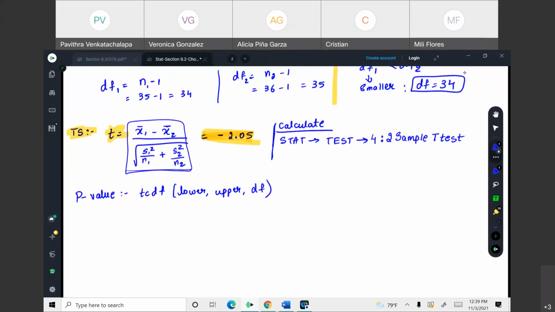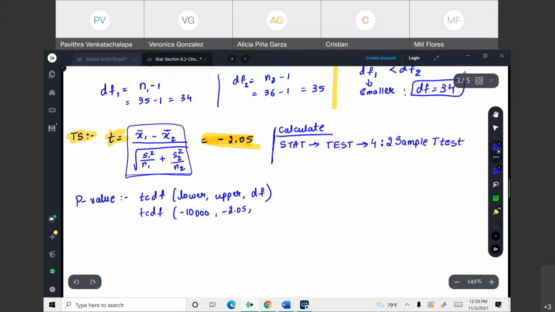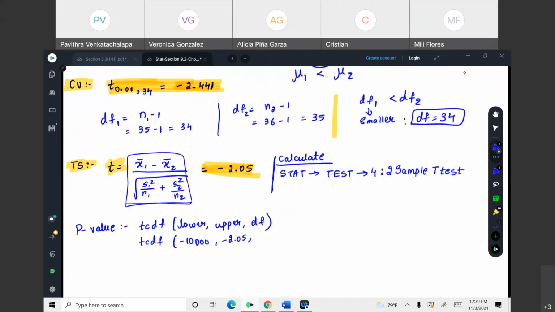Now, next is to find the p-value. TCDF is minus 10,000, or you can use minus 9999. Yeah, it is minus 2.05.